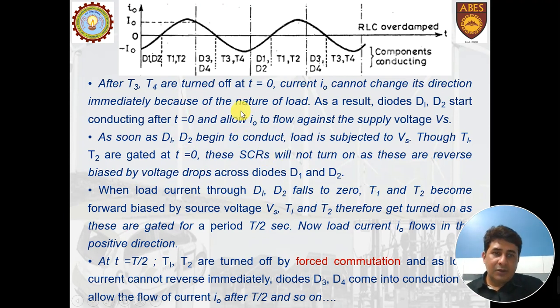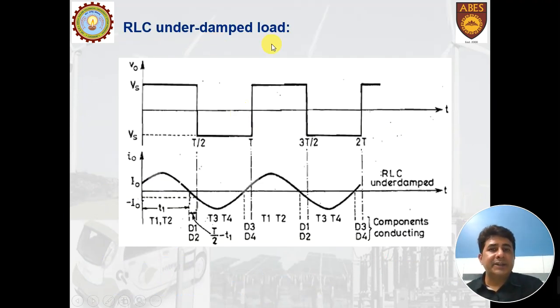Now let us see what happens if the load is underdamped. If the load is underdamped, it means the capacitive reactance is more compared to the inductive reactance. Here the current would be leading. Since we have fired thyristors T1 and T2 here, the current will start appearing from here, and this is the time when the current becomes zero.